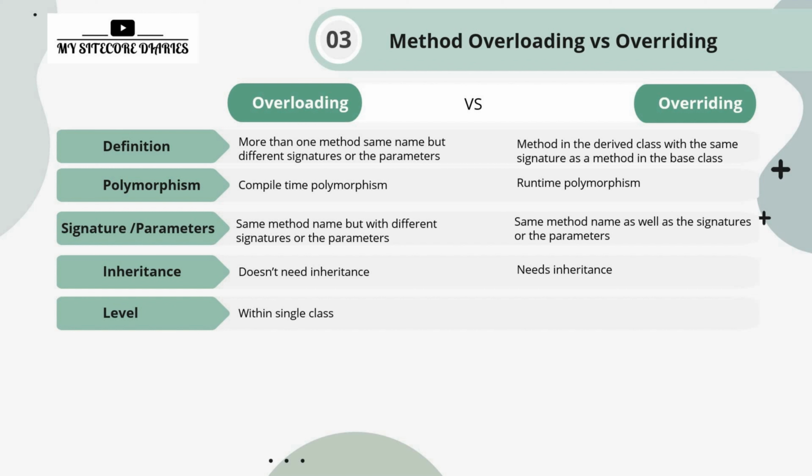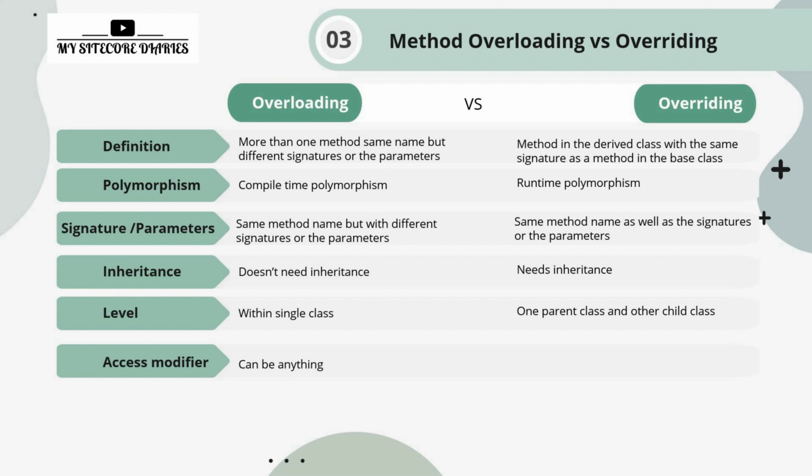So overloading is done within a single class, whereas overriding is done between a parent class and child classes. The access modifier can be anything for method overloading, but for overriding it has to be public. Overloading is also called early binding, whereas overriding is called late binding. So this is the difference between method overloading and method overriding.